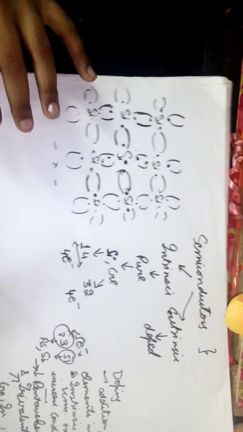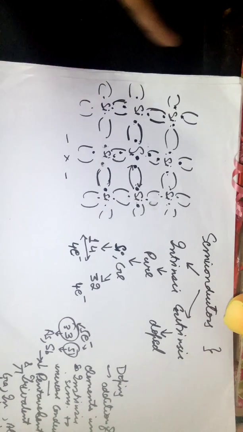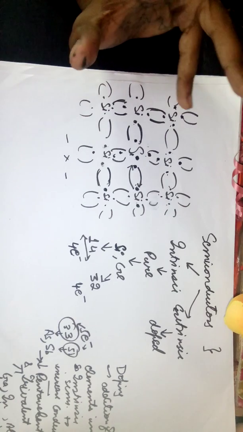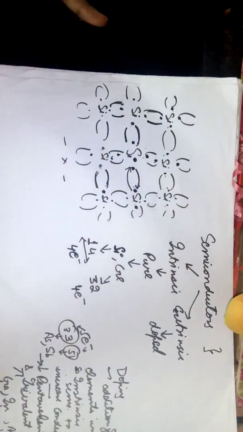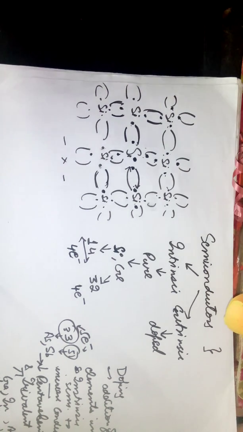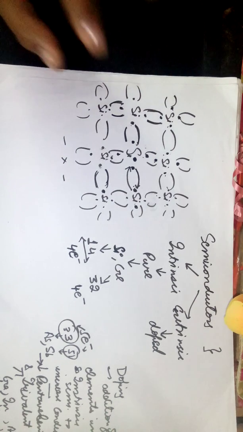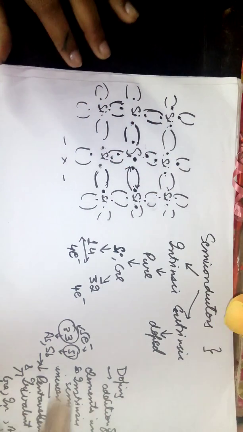Now first of all we should know the terms holes and electrons. What are holes and electrons? This is the stable state of silicon which is obtained at room temperature. Now if we apply some energy to it, the electrons are displaced from their own position.